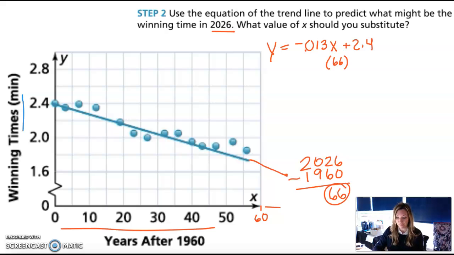Use your calculators, plug it in, and we get 1.542, or we might approximate that to be approximately 1.5. So we know that that's going to be about 1.5 minutes. This is how you use your trend line to predict information.